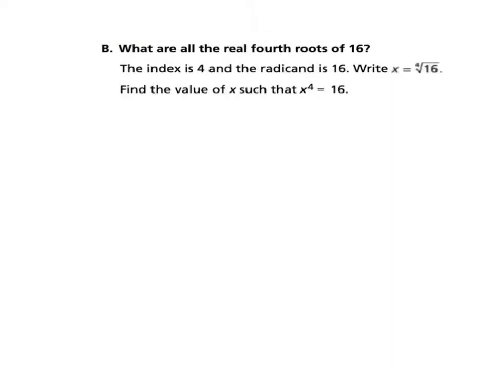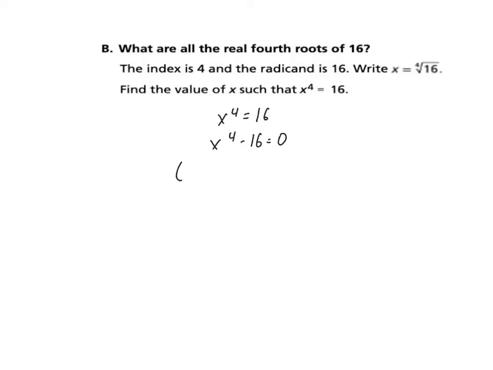All right, so let's do one more to give you a little more practice on this. We're trying to find all the real roots for the fourth roots of 16. So that means x to the fourth is equal to 16. So we set that equal to 0, and we need to factor.